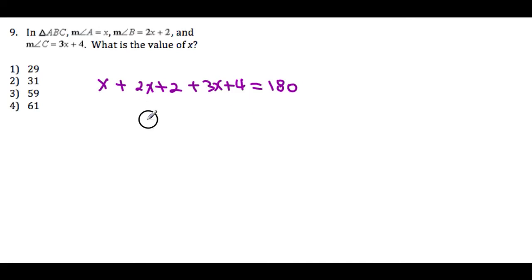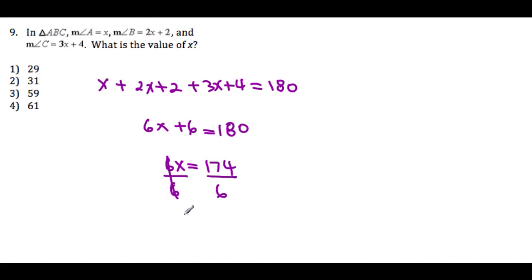Now when I add them up, I get 6x plus 6 is equal to 180. Now by subtracting 6, we get 6x must be equal to 174. When you divide by 6, x is equal to 29. So the value of x is equal to 29, choice 1.